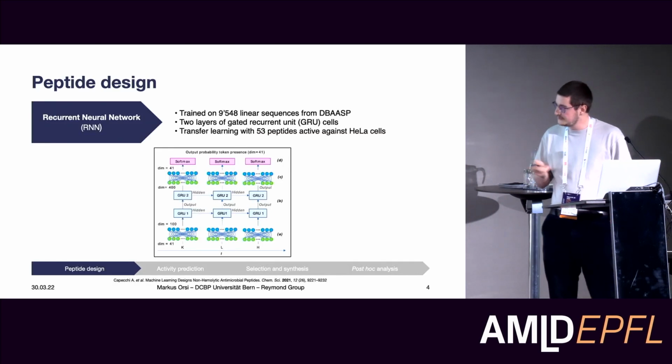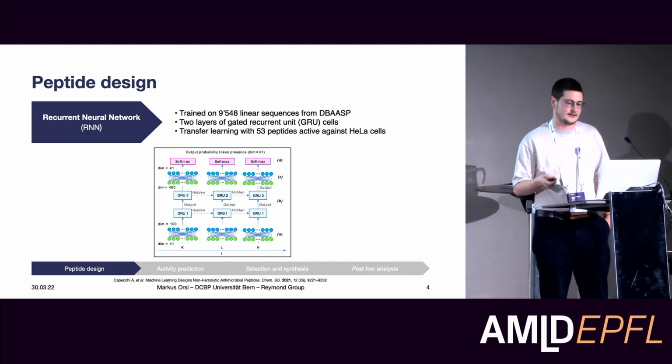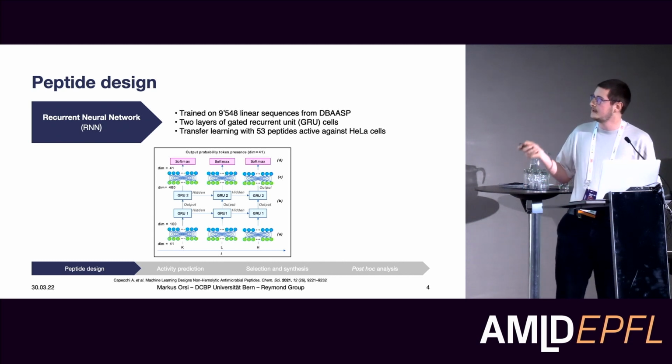So starting with the peptide design, here we use a recurrent neural network that is composed of 2 layers of GRU cells, and it's trained on 9,548 linear sequences from the database of antibacterial activity and structure of peptides.